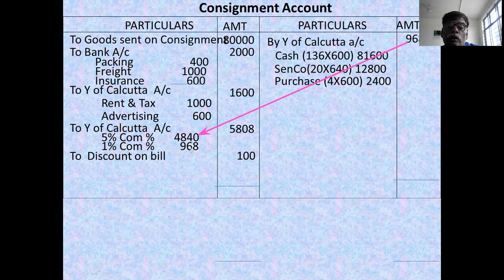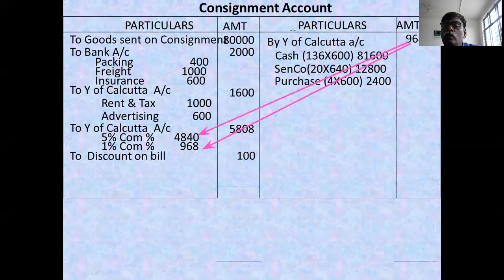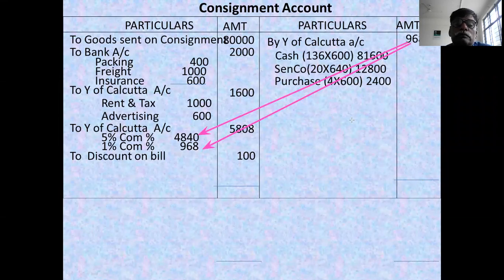And next commission is 1%. On this 96,800, you calculate 1%. You calculate 1%, but do not write it directly; write it after the credit side. Clear? This is the point you remember. This is the first item, Y and company account.